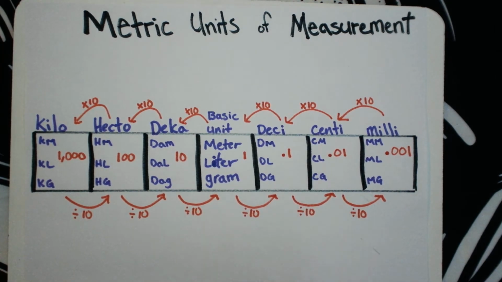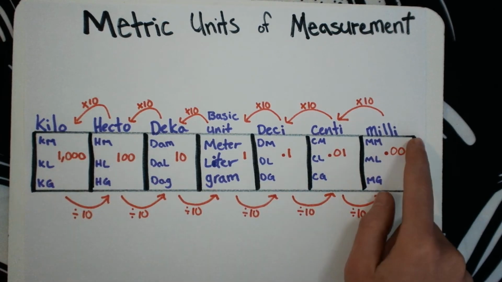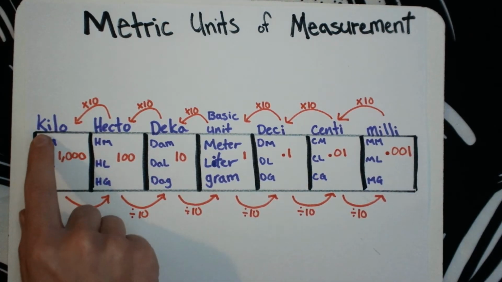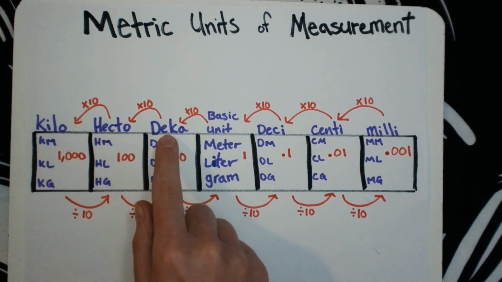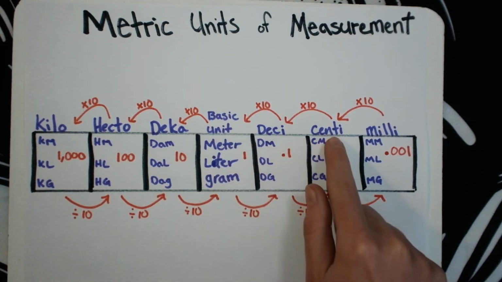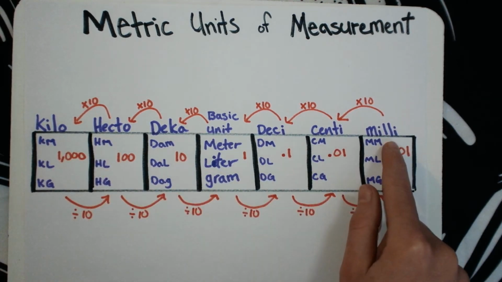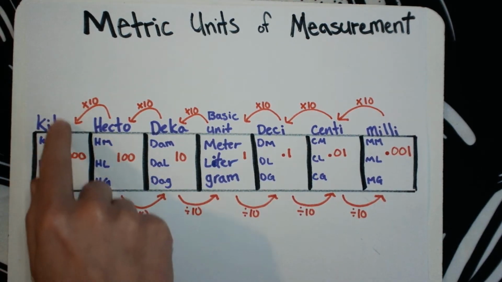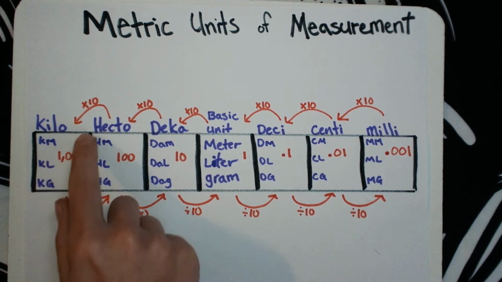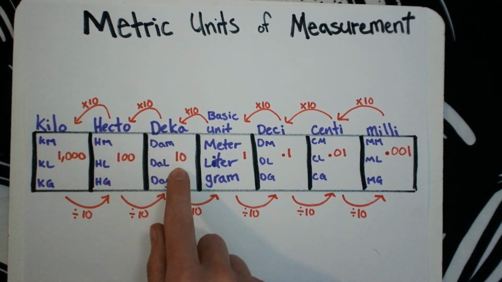So let's take a look at these prefixes atop the chart on the top of my chart. We have our kilo, hecto, deca, our basic units, deci, centi, and milli. Let's go over what each of these represents. A kilo is 1,000, hecto means 100, deca means 10.